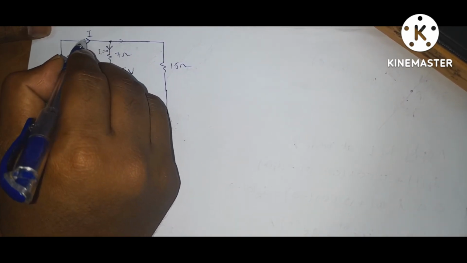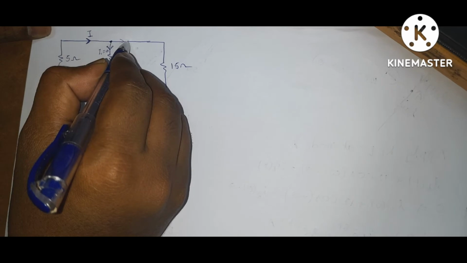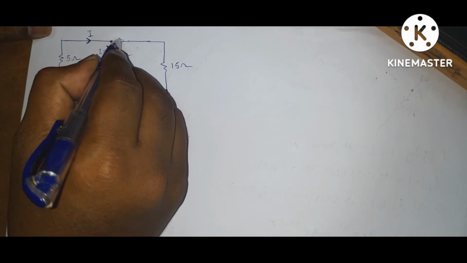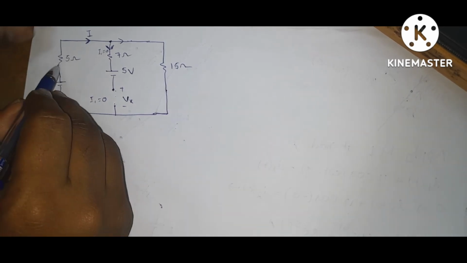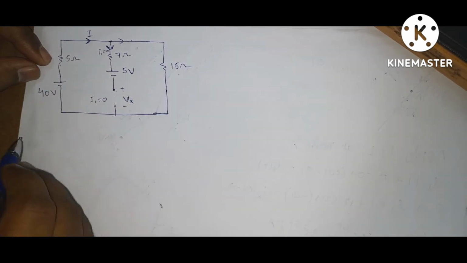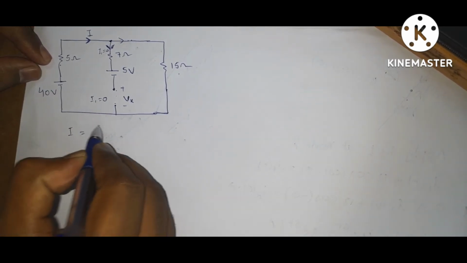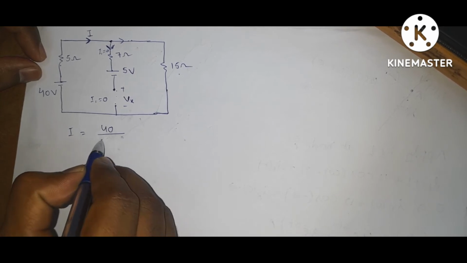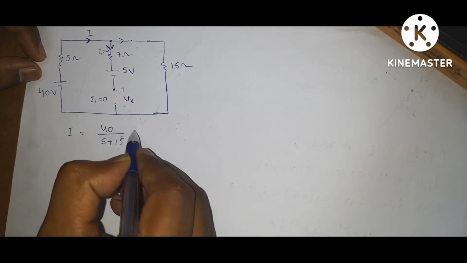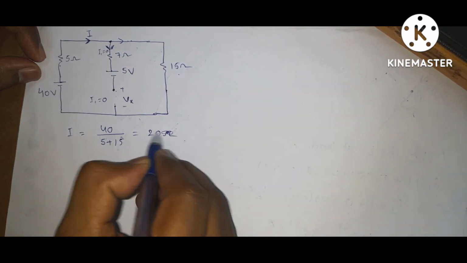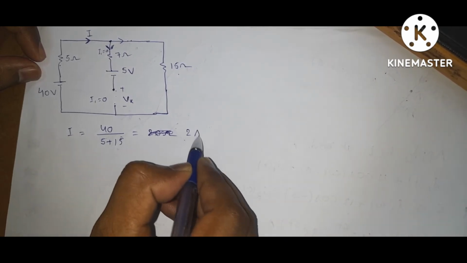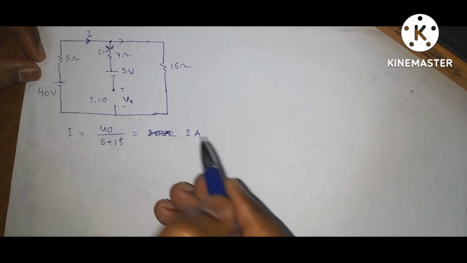So the total current is flowing from here to here, because here the current is 0. What is the total current now? This resistance and this resistance are connected in series, so you get I is equal to 40 by 5 plus 15, 40 by 20, you will get 2 amps.